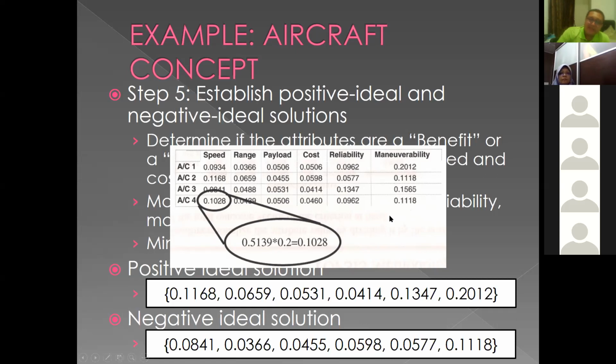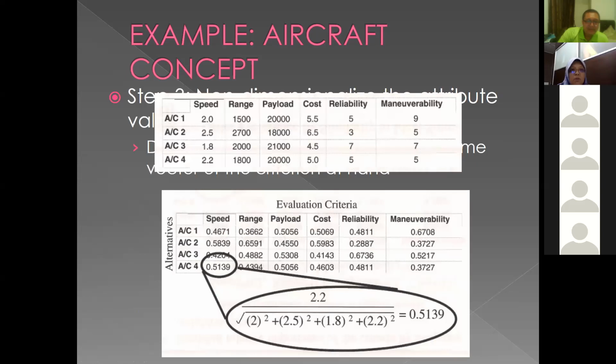One thing that I forgot to mention: when we do the normalization process, on step number 3, if I'm not mistaken, we normalize this one. You notice that if there are negative values, sometimes there will be a negative value.